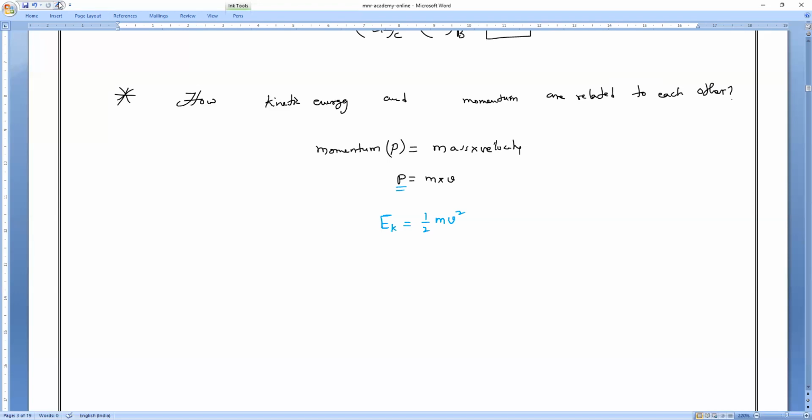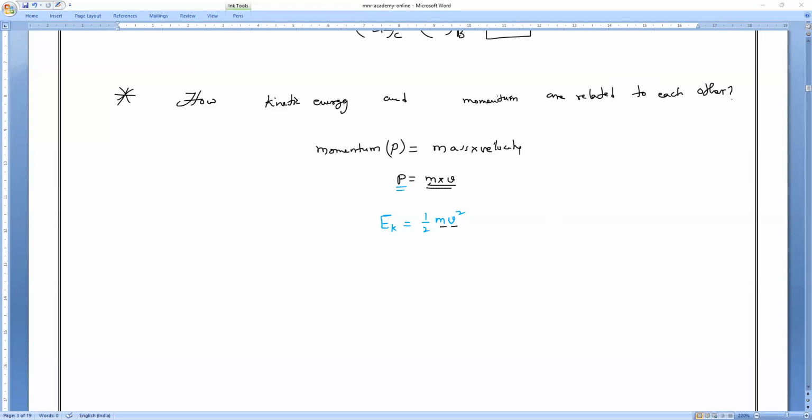Now, we all know that momentum is equal to mass into velocity. To bring it into this format, here we have m and v square. That's the reason I'm saying, in mathematics, we can multiply and divide both numerator and denominator by the same number, and our answer remains constant.